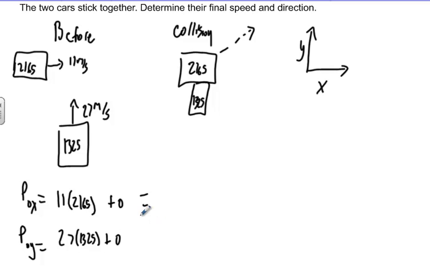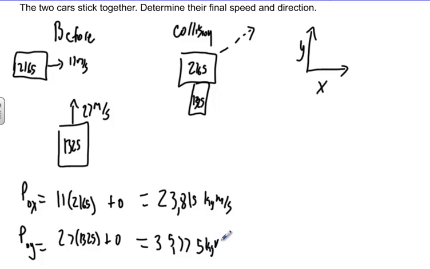So that tells me my initial momentum in the x direction, 11 times 2165, is 23,815 kilogram meters per second. The initial momentum in the y direction, 27 times 1325, is 35,775 kilogram meters per second.